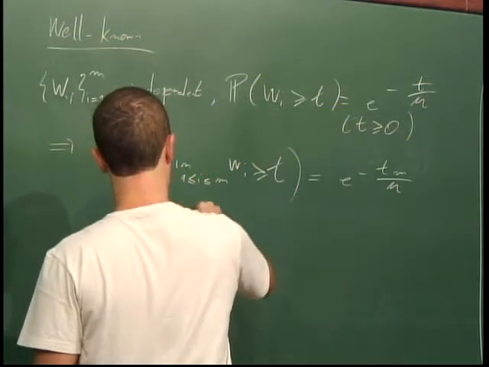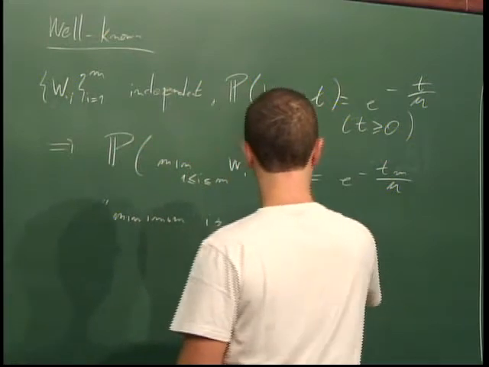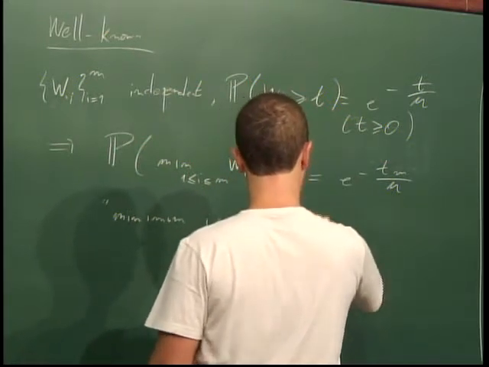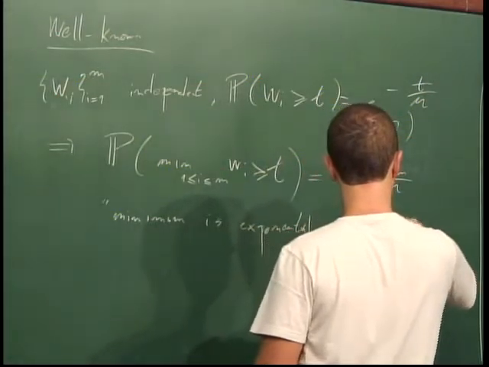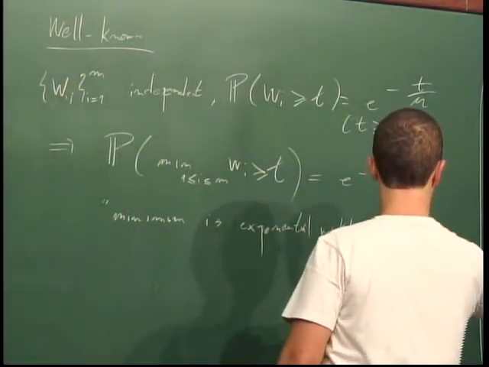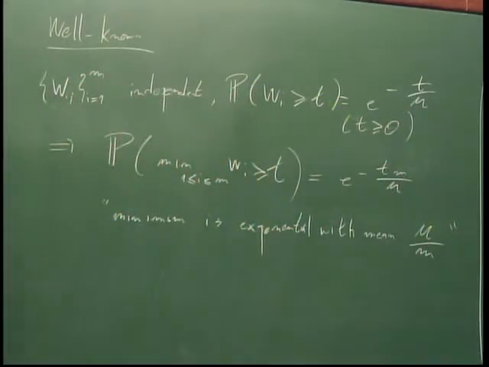And the important thing is that the minimum is exponential with mean mu divided by m. Again, here I have k particles and k choose 2 events.